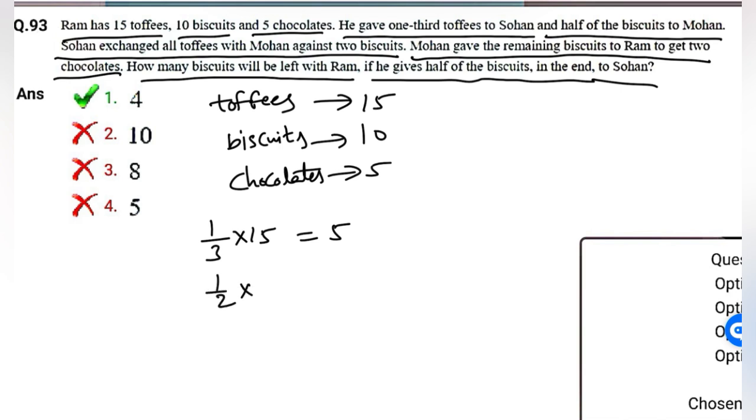So 1/2 into 10, that is equal to 5. Now number of biscuits left is 5.